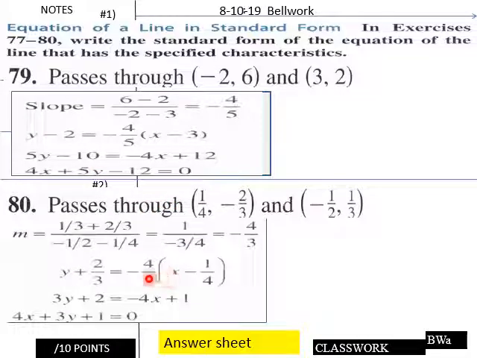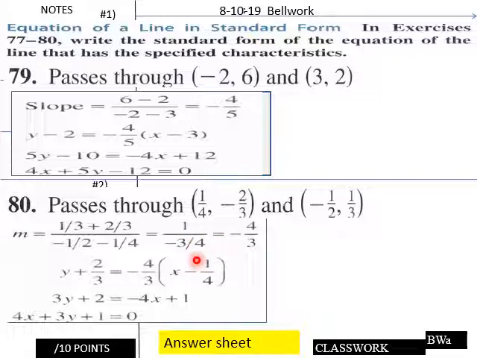Down here, we're going to find the slope, which, when we crank it out, you should know by now: rise over run, y2 minus y1 over x2 minus x1. You should know this since like the 6th grade, students.